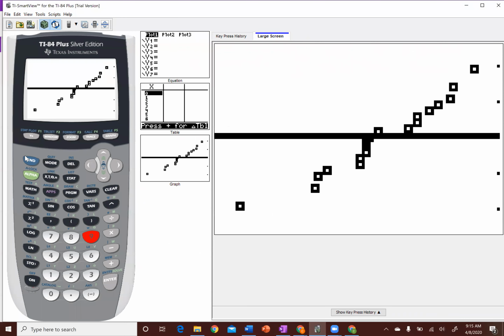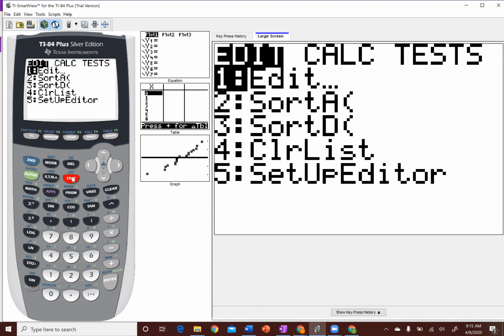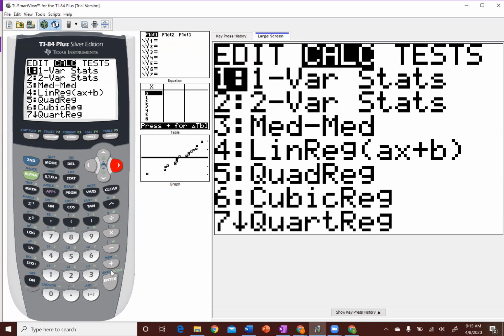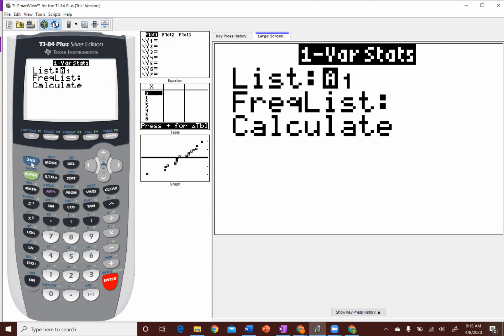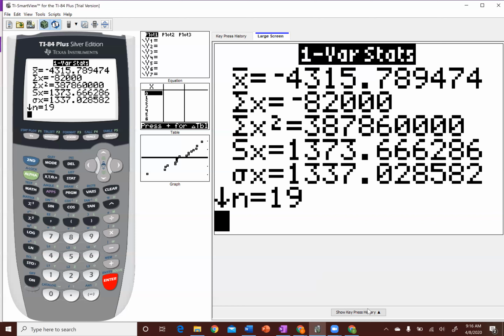So let's go ahead and get that. I'm going to go to stat, calc, 1-variable stats. And in this case, I want list 3. We'll calculate. So my average difference, my average for the sample at least, is negative $4,315.79.